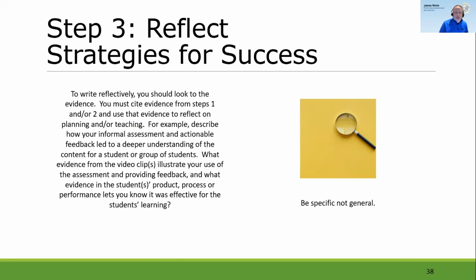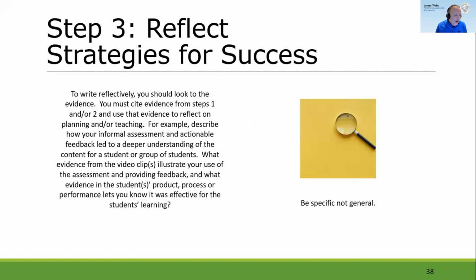Remember, the rubrics are not evaluating you on the efficacy of what it is you presented. Instead, it's looking at what do you need to do in order to improve your instruction? How can it benefit student learning? And so as a result, you want to be specific and not general when you're providing that information.